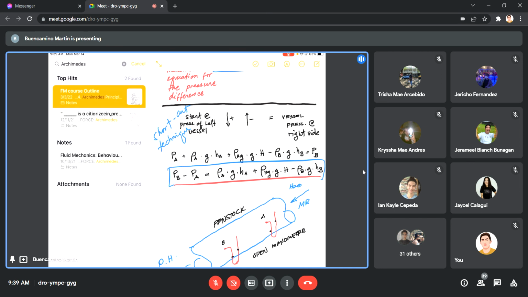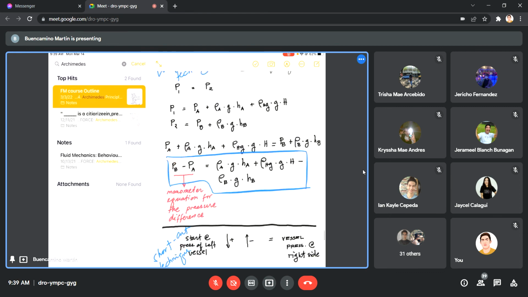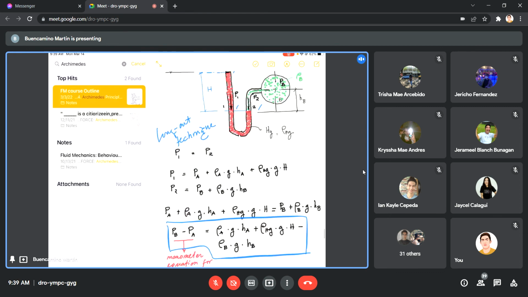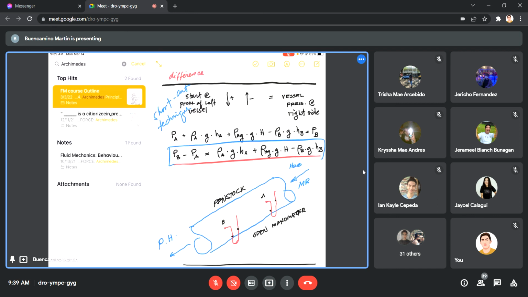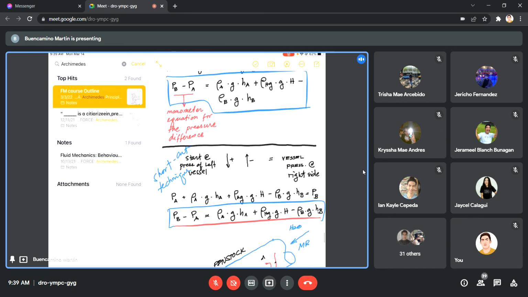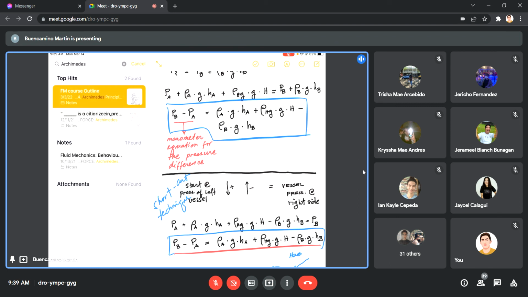Okay. And then rearranging the terms and finding the equation of the pressure difference, notice class na parehas ang nakuha natin, no? As when we use the long cut method. So ito yung long cut method at ito naman yung shortcut method. Okay. So, which do you prefer now, class?